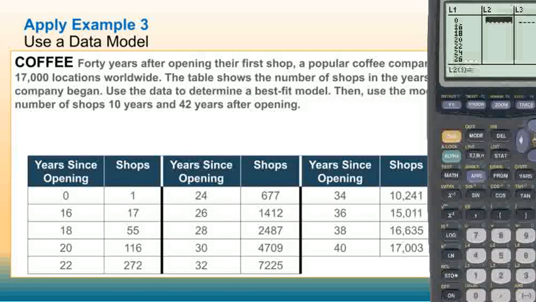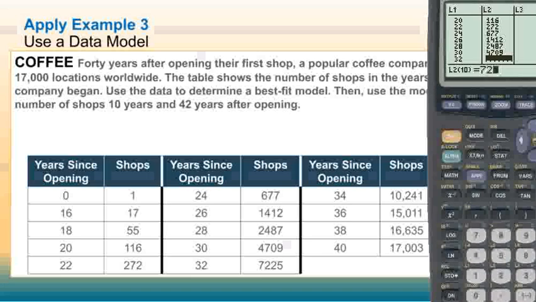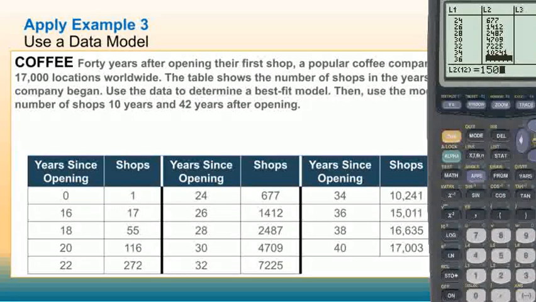The other one we have 1, 17, 55, 116, 272, 677, 1,412, 2,487, 4,709, 7,225, 10,241, 15,011, 16,635, 17,003.